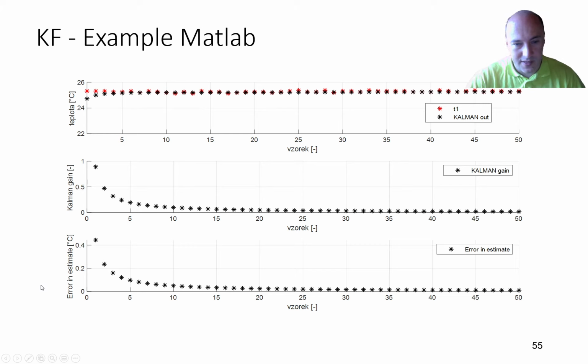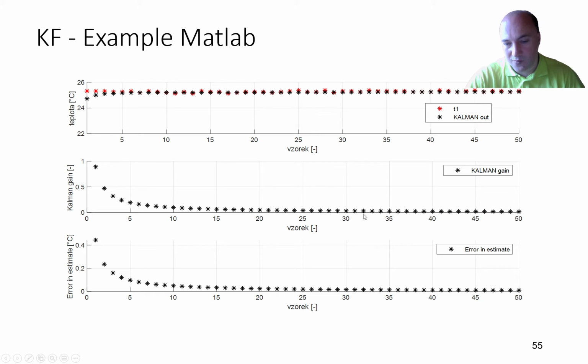You can run this example on your own. I have posted the files in Moodle. Here is just a similar example, but with a constant signal on the input. So here I have a constant temperature, so nothing is changing. And you can see that the Kalman gain is decreasing in time.